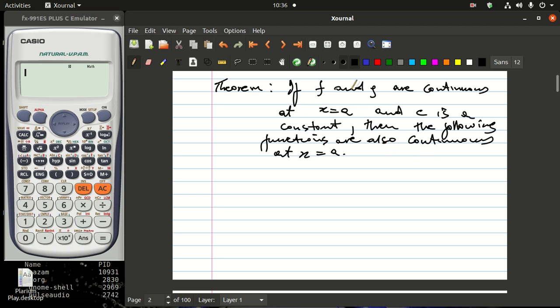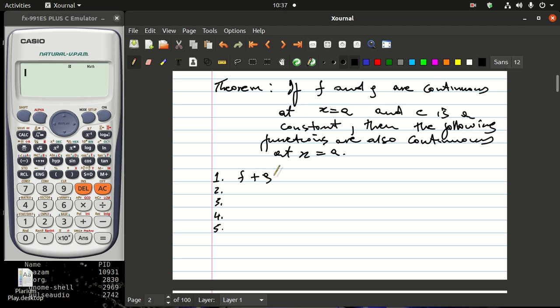So I have these five functions that are also continuous at a. What is the first function? If I take f of x and add g of x, this function is also continuous, because the limit of f is going to be f of a, and the limit of g is also going to be g of a.